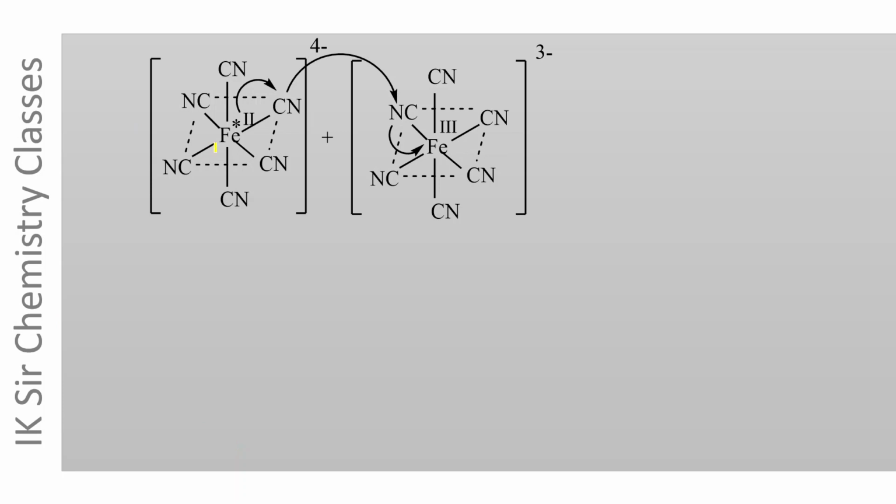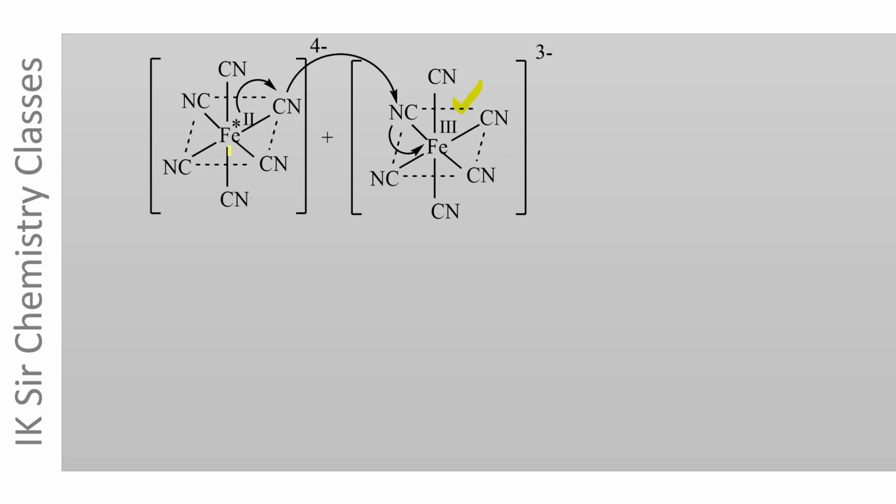This is Fe(CN)6 4- ion having labeled iron atom in +2 oxidation state. And this is Fe(CN)6 3- ion having non-labeled iron atom in +3 oxidation state.